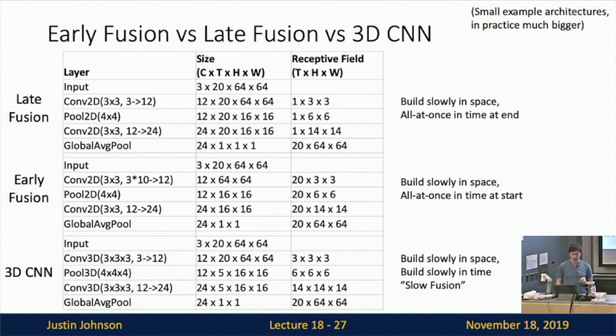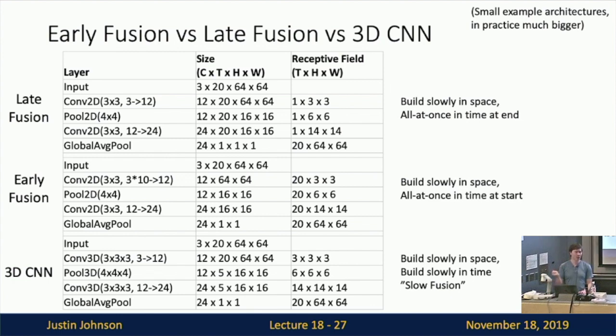Now, if we look at a 3D CNN in contrast, then we're replacing all of these two-dimensional convolutions and two-dimensional pooling operations with three-dimensional analogs. So now we're going to maintain these four-dimensional feature tensors at every layer of processing inside the network. And you can see that now instead of using a 3x3 convolution that slides the filter over 2D in space, we'll use a 3x3x3 convolution that is sliding the filter over both space and time.